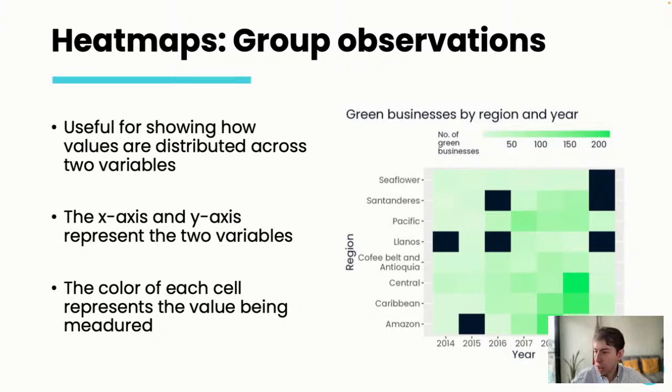For instance, you could see that the most businesses were created in the central region in 2019. So, through categorical or time variables, you could show the most common or the least common observations. But you could also use this kind of plot for many other purposes.